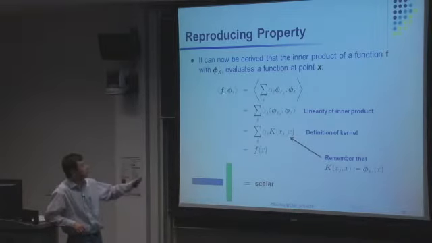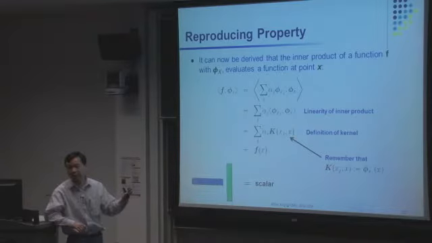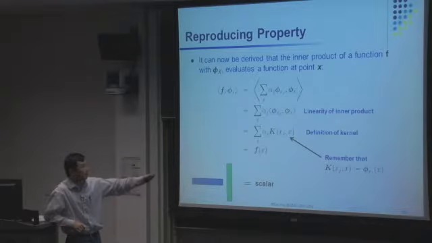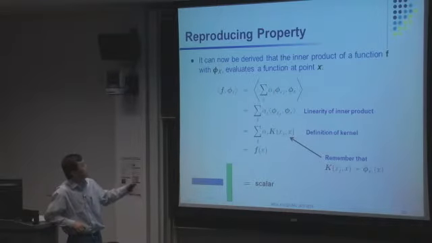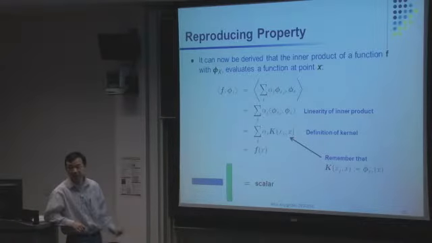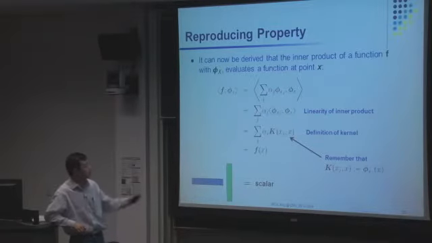So this is the proof. Now you have a y, which is an arbitrary function in the RKHS space. Therefore, it satisfies this definition. It can be expanded with the set of feature functions. This is the feature map. And then I'm going to introduce this mapping phi of x, which is the map of the original point into my RKHS space.